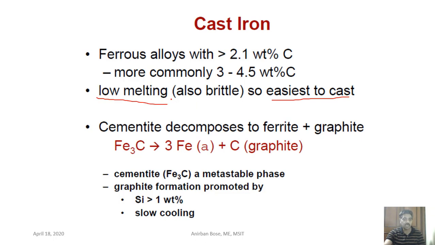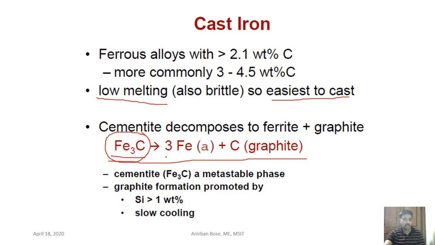Now cementite decomposes to ferrite and graphite. In this graphitization process, Fe3C is actually a metastable phase that is present in the phase diagram we have seen. If you allow a sufficient amount of time, that means if the cooling process is very slow, and if an alloying element like silicon is present at more than 1%, then this Fe3C transforms into ferrite and graphite.